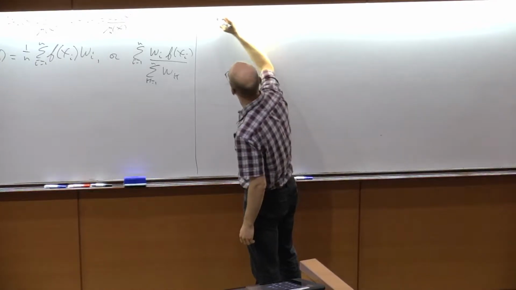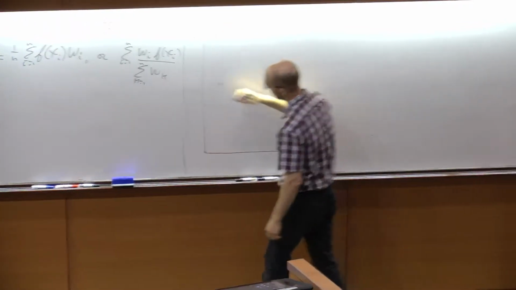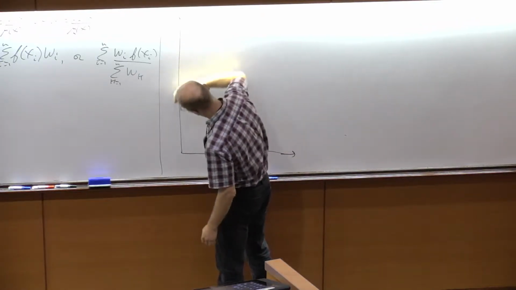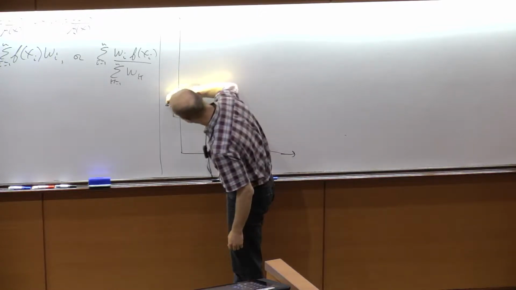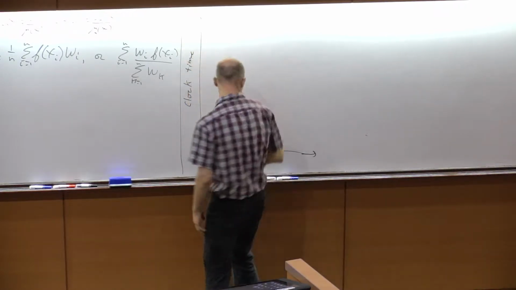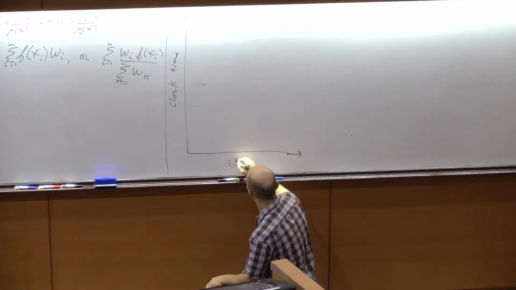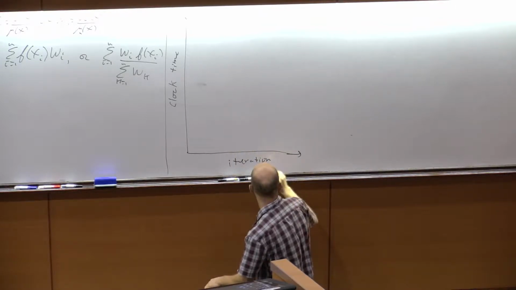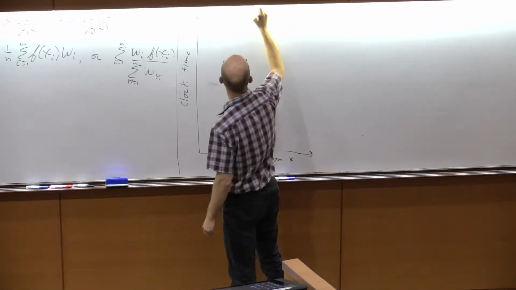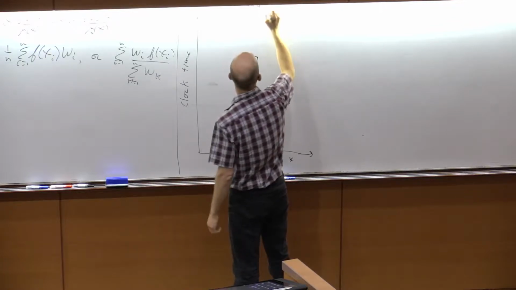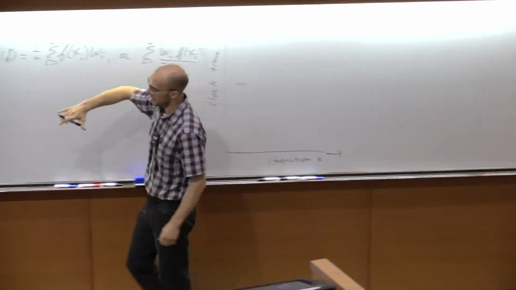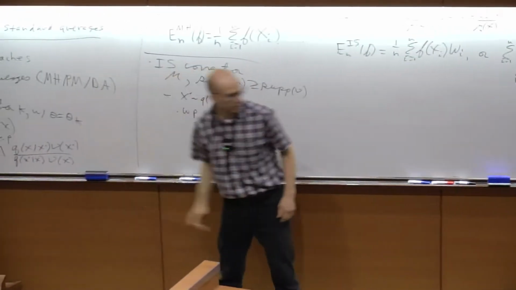If we look at the running time of this approach, so let's put here the running time. This is the clock time basically. And if we put here the iteration of the algorithm, and this is for the direct method, basically we have to evaluate this nu at every iteration.